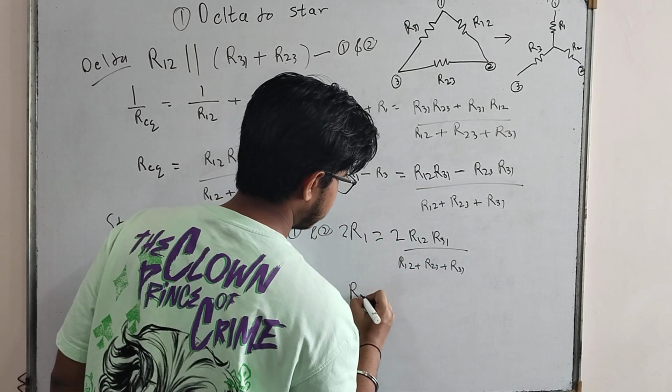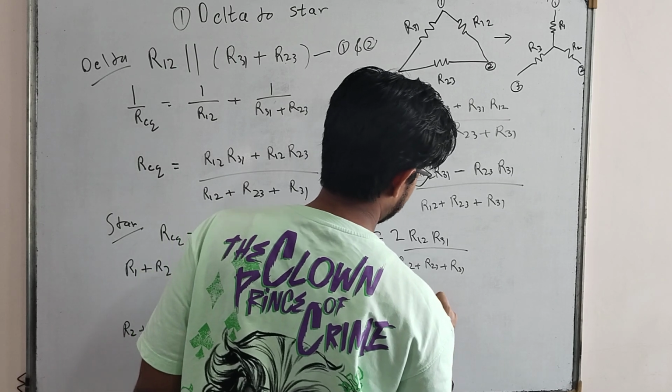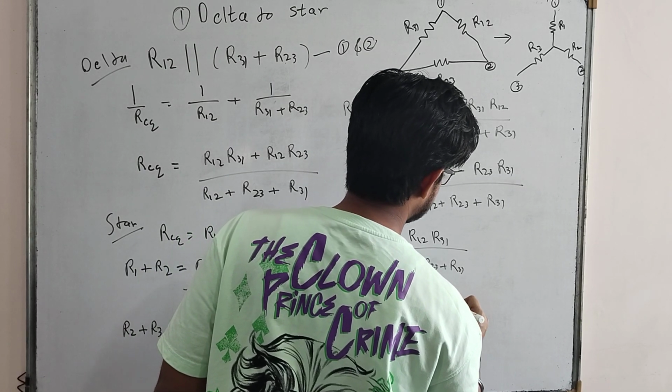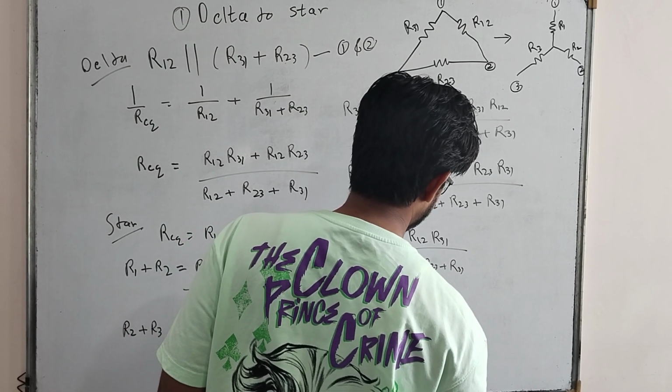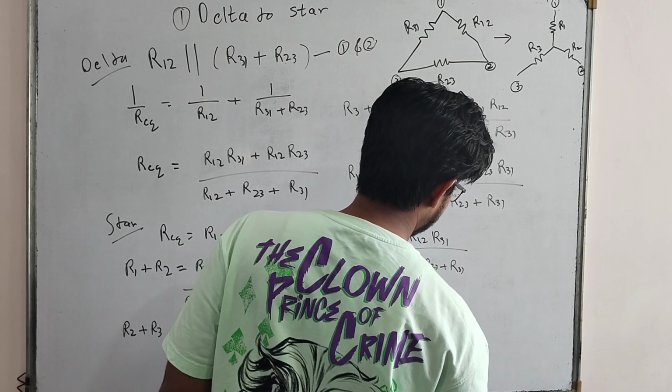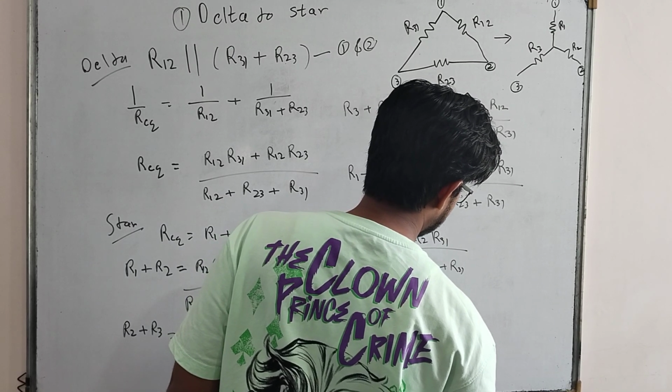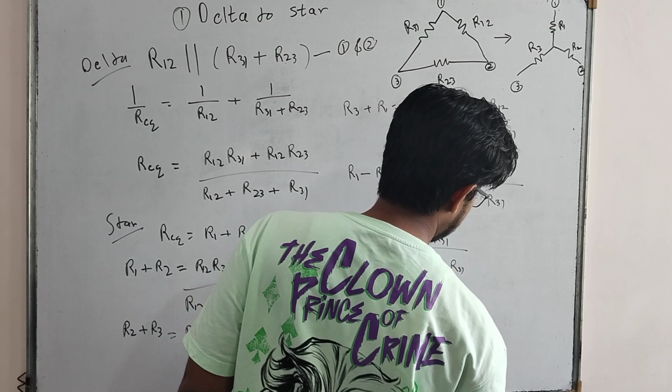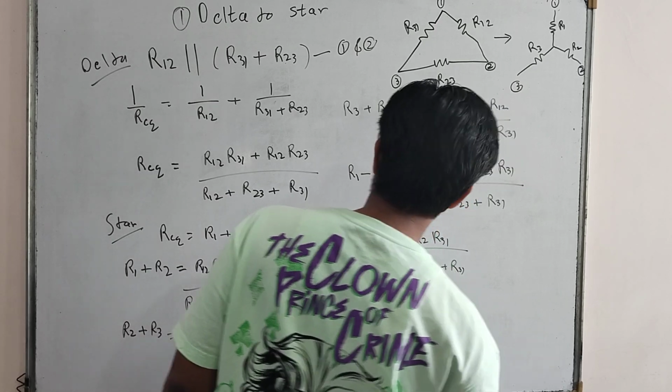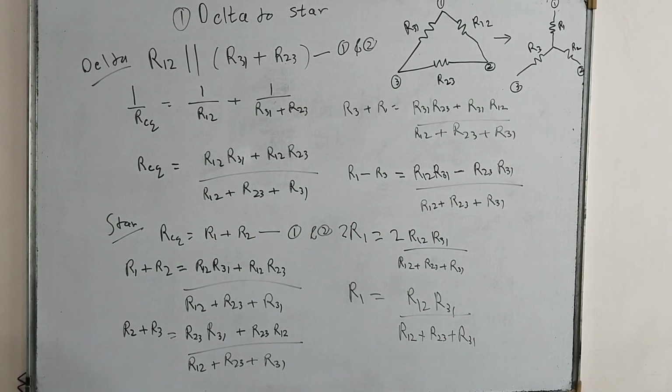So R1 is equal to R12 into R31 whole divided by R12 plus R23 plus R31. Okay, so please note this down.